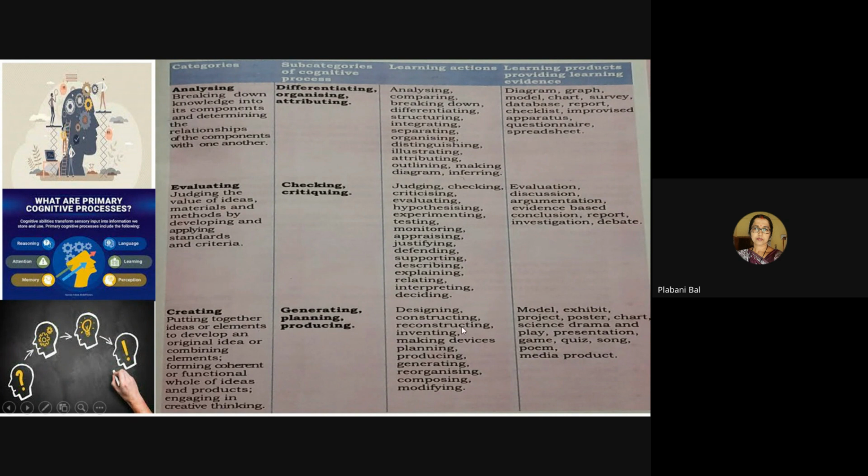Reconstructing means he will break it down, then reconstruct it, in a new way, a different way. Then inventing something, making devices, planning, producing, generating, composing, modifying, etc. So these are the action verbs while writing a learning objective.